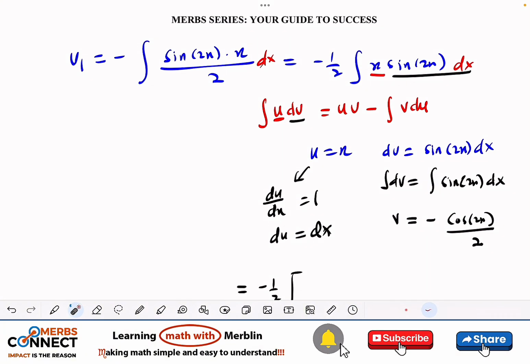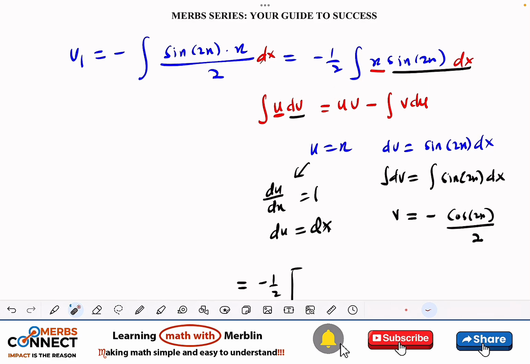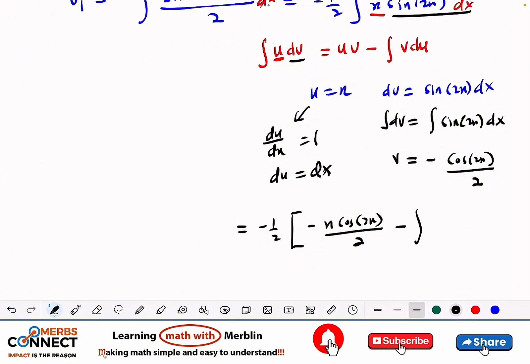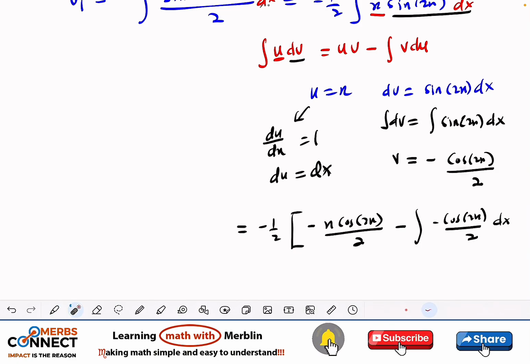Now that we compare this to the one here on the left, when we are writing this, we are looking at basically what is here. So let's do substitution. u times v, so we are going to have minus x cos 2x divided by 2, minus the integration of v du. So v is minus cos 2x divided by 2, and du is dx.